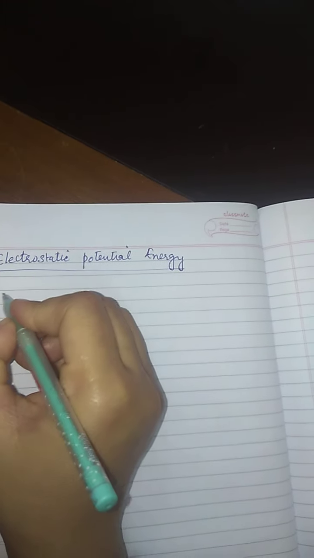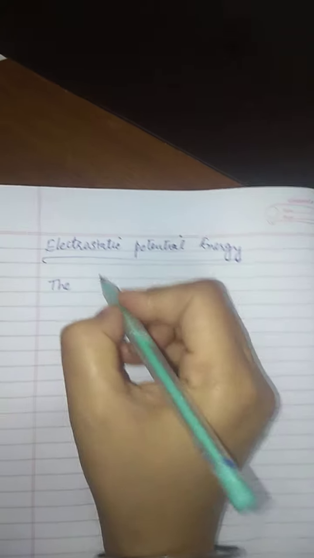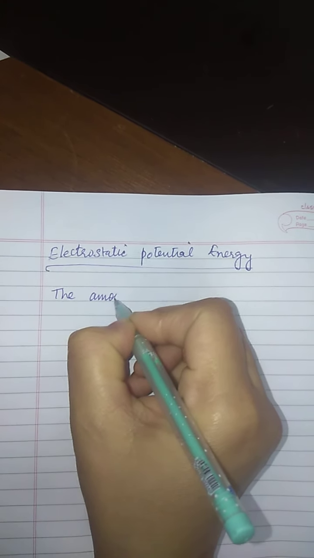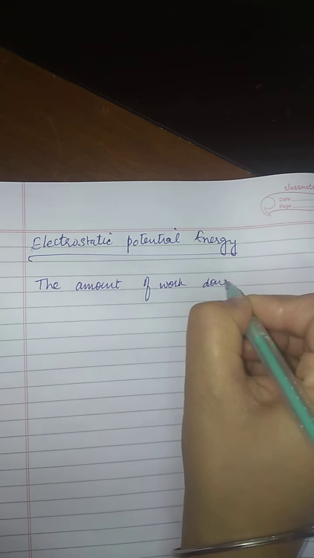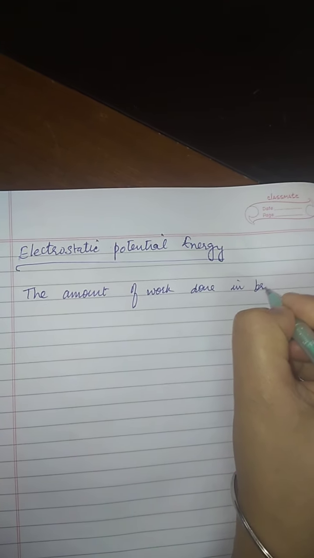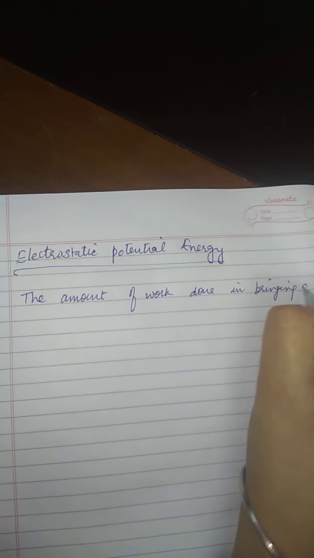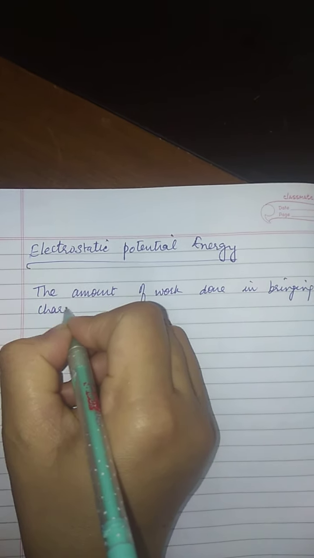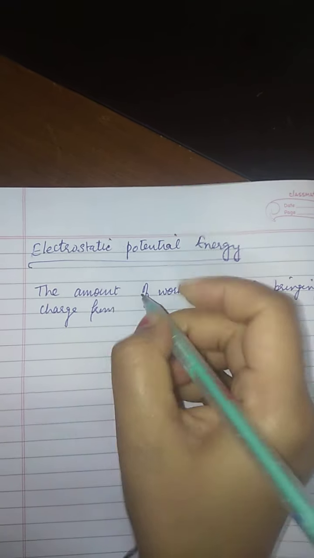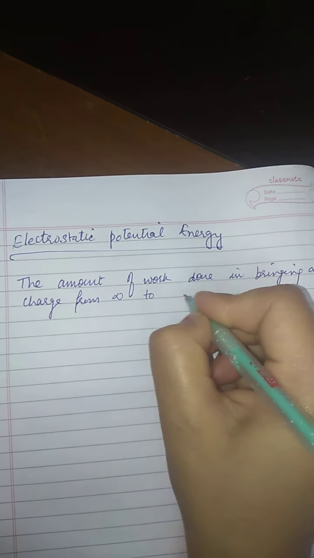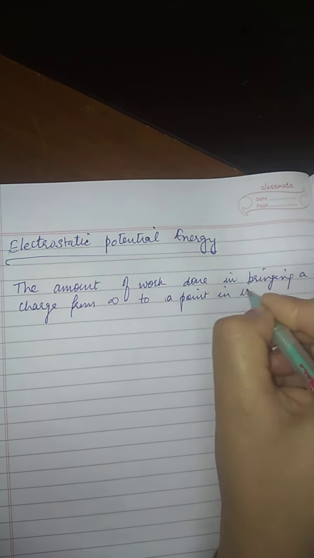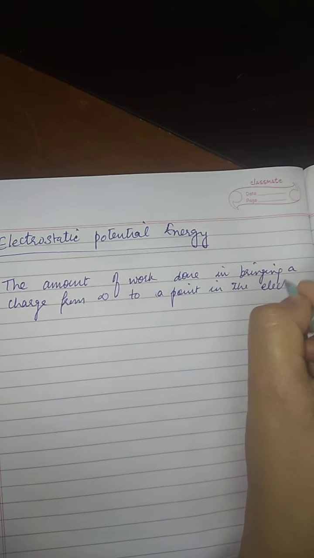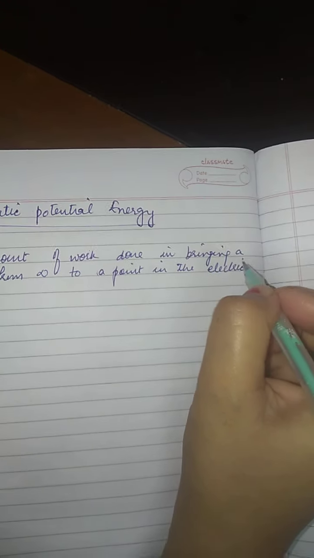So potential energy, how can we define? This is the amount of work done in bringing a charge from infinity to a point in the electric field.